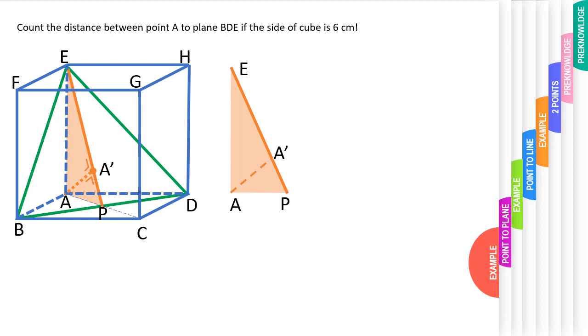It is triangle ABE. First, we know that AE is the side of the cube, so it is 6 cm. Then AC is equal to BD, which is 6 times square root of 2, because it is a plane diagonal. AB is half of AC, which is equal to 3 times square root of 2. Now, first, let's find the value of BE.